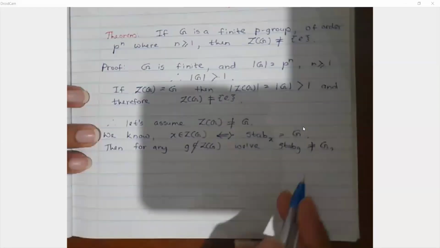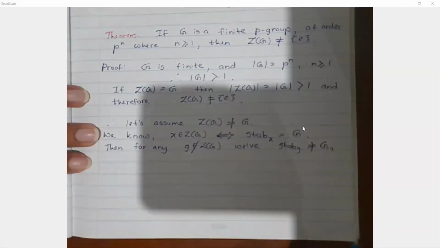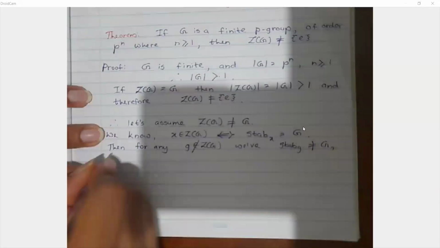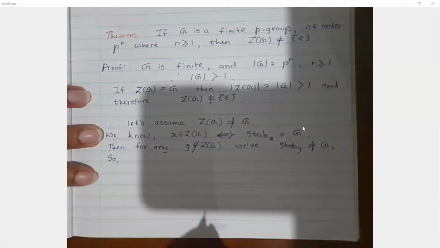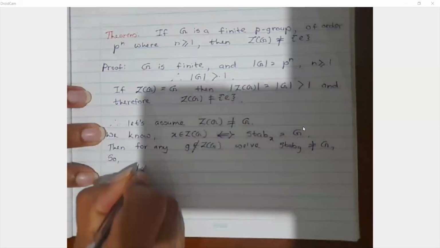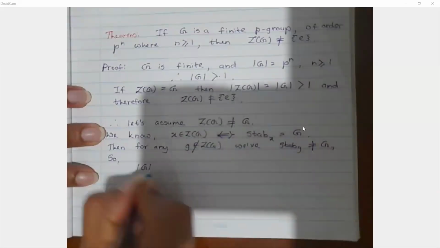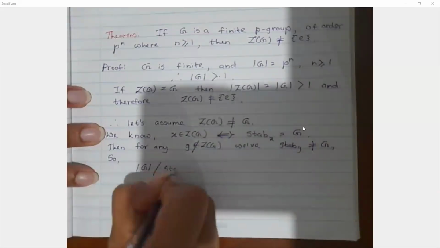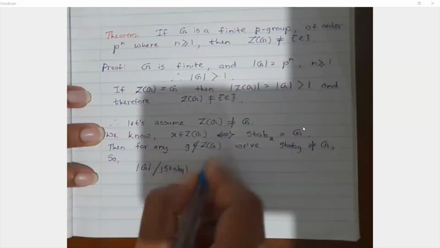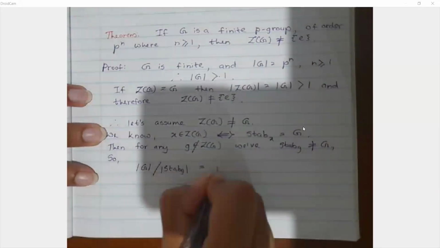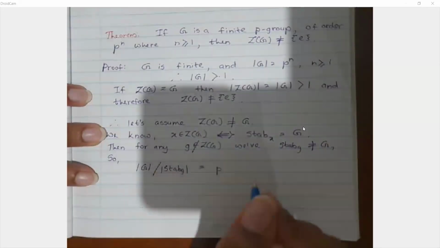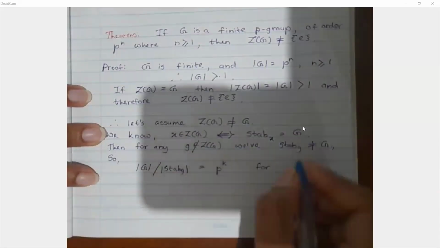Right? Stabilizer of g is not equal to G. So we must have the number of elements in G over the number of elements in the corresponding stabilizer equal p to some power of k, once again for k greater than or equal to 1.